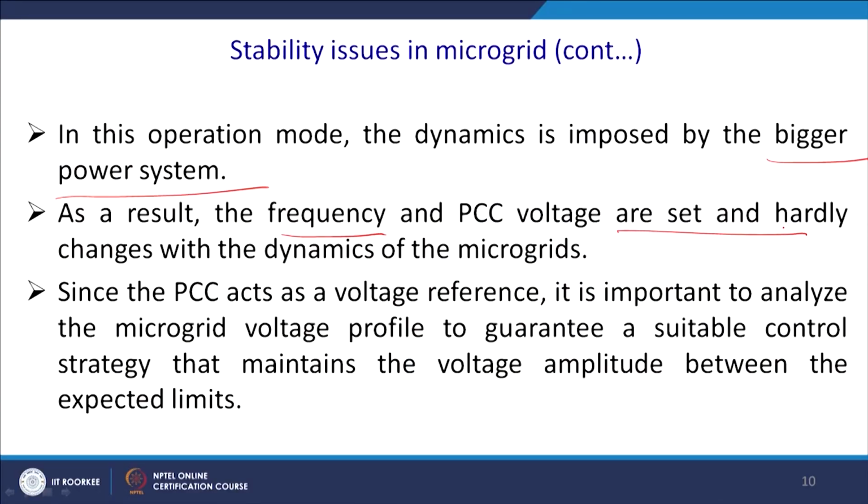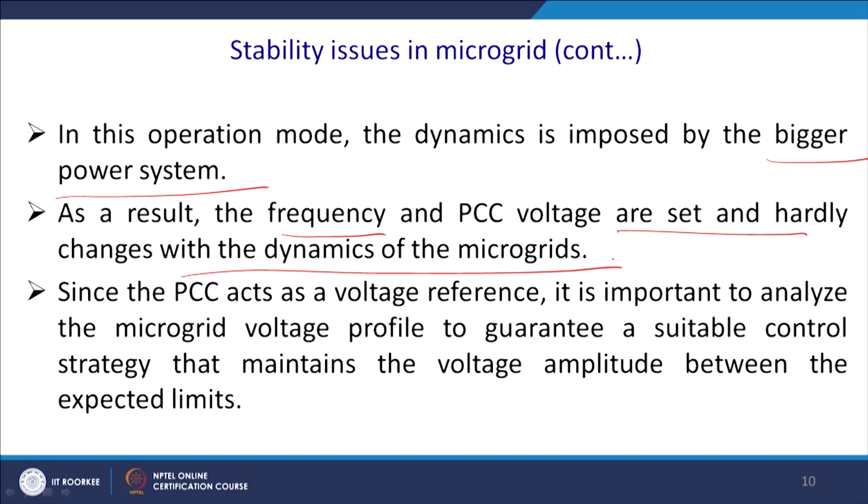So, in case of an AC microgrid, since it is a DC microgrid, ultimately the entry point will be through the active rectifier, and the active rectifier will set the voltage of your microgrid through a DC to DC converter. As a result, if it is an AC microgrid, the frequency and the voltage are set and hardly change with the dynamics of the microgrid.